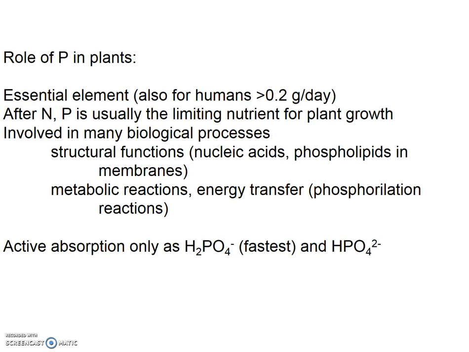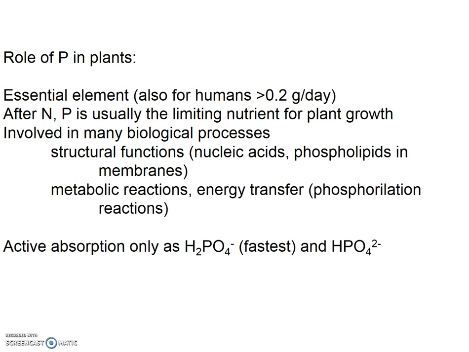It is involved in many biological processes, including structural functions as part of the nucleic acids, phospholipids in the membranes, but is also involved in key metabolic reactions, mostly associated with energy transfer, like the phosphorylation reactions.